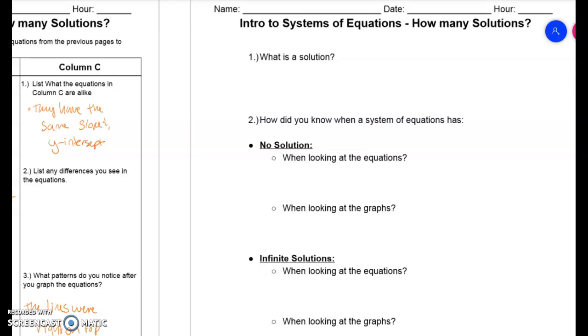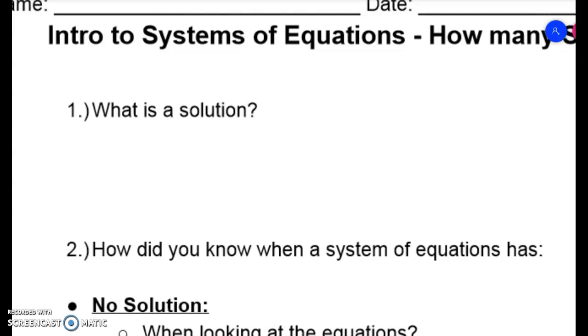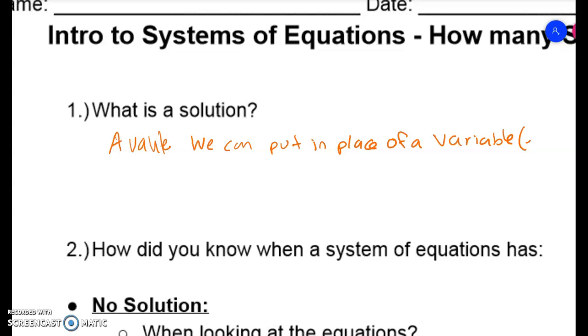So what is a solution? A solution for math is a value we can put in place of a variable, for example x, right?